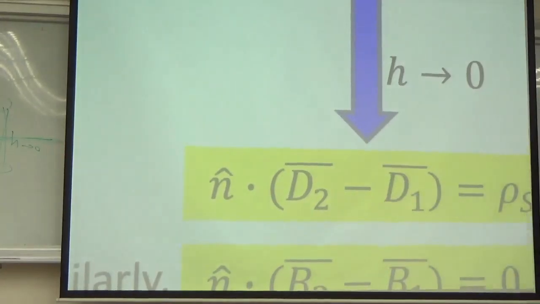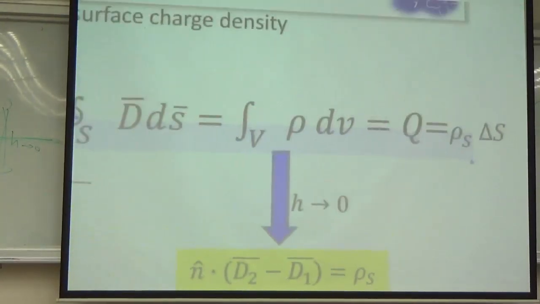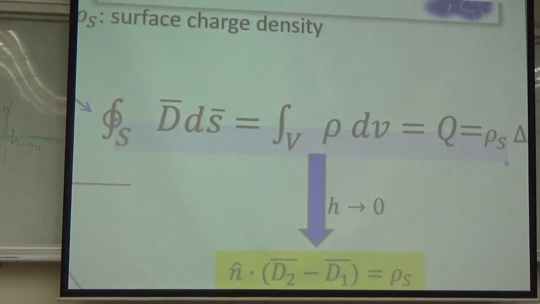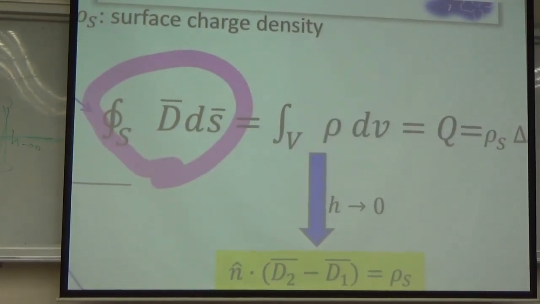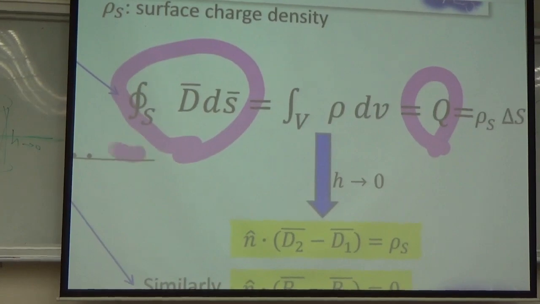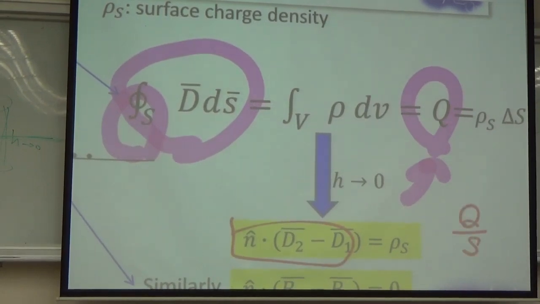You can read your book and try to understand our original equation: if you take the integration over the two surfaces without a height, the integral of D over the surfaces equals Q. Or you can take it per surface: the left side has only this part, and the right side becomes Q divided by the surface area, which we define as eta s.